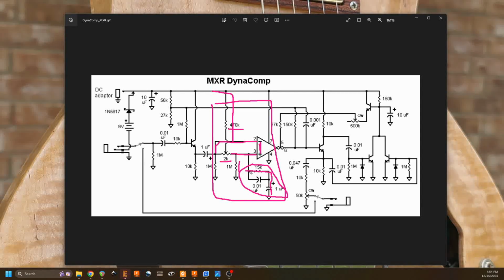Okay, so what this is doing is it's actually rolling off a little bit of the high frequencies. And if we're rolling off the high frequencies of only one side of the operational transconductance amplifier, that means that the difference between them is bigger at the high frequencies, which means our output is going to exaggerate those high frequencies more than the low frequencies where this filter doesn't have any effect.